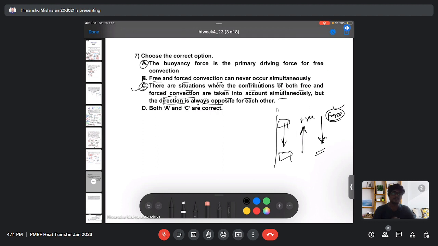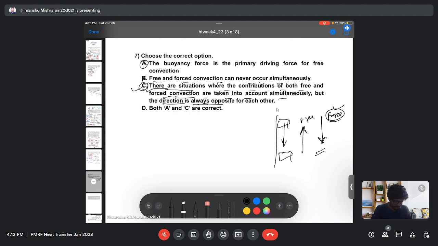So for forced convection there is no predefined direction, but for free convection there is a predefined direction. So it is not always necessary that they should be opposite of each other. They can be in the same direction or in the opposite direction also. So option C is incorrect.